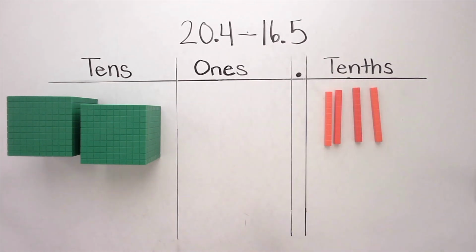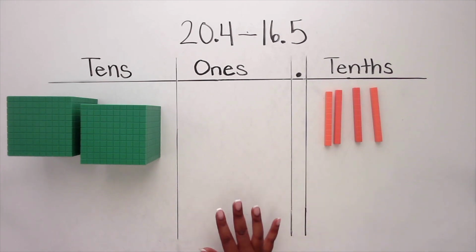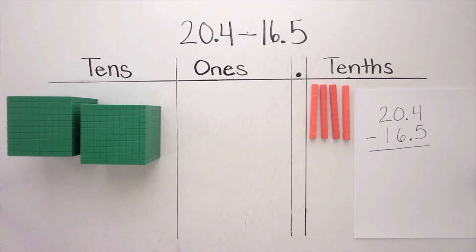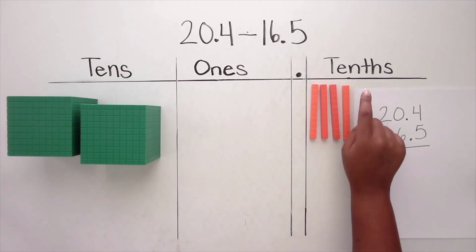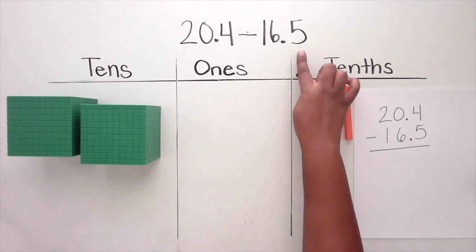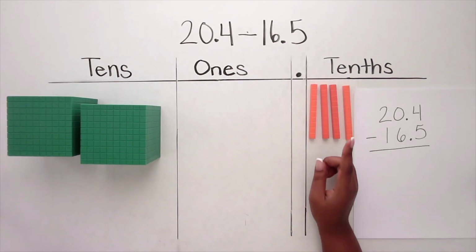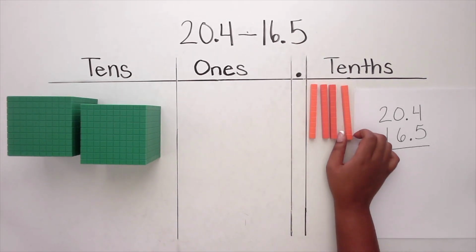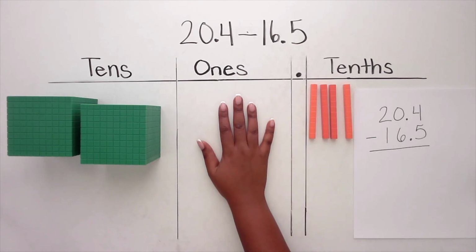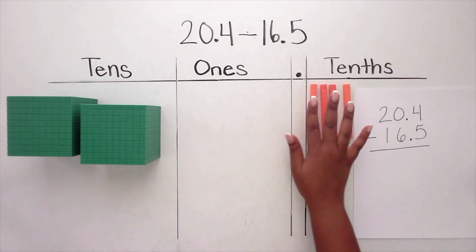Here's where regrouping comes in, and I'll connect it directly to the written method. In the tenths place, I have 4/10 but need to subtract 5/10. That means I need to regroup. I'll regroup 1 flat, or 1, into 10/10.